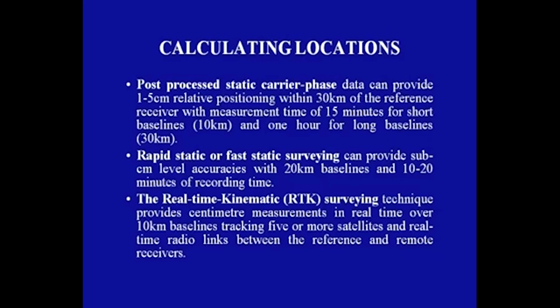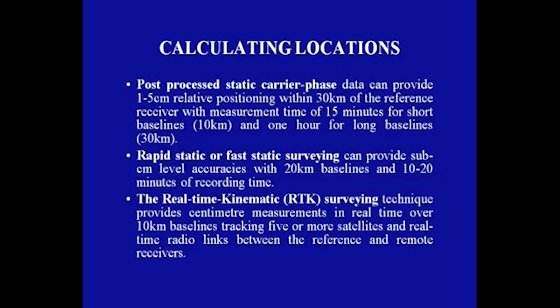Rapid static or fast static surveying can provide sub-centimeter level accuracies with 20 kilometer baselines and 10 to 20 minutes of recording time. Real time kinematic surveying mode, which we call in short the RTK technique, provides centimeter measurements in real time over 10 kilometer baselines, tracking 5 or more satellites, with real time radio links between the reference and the remote receivers.